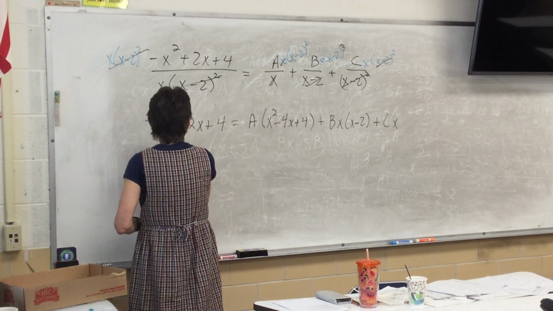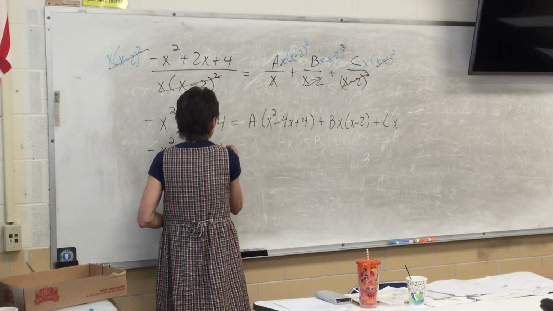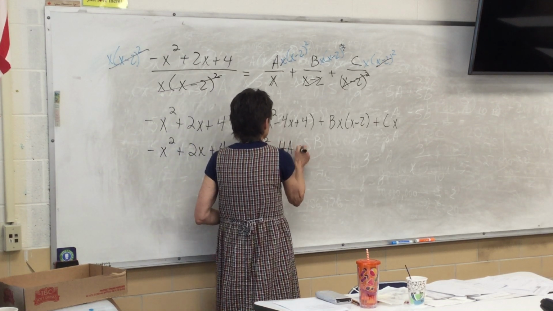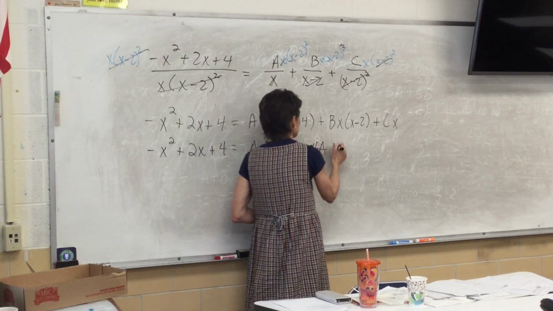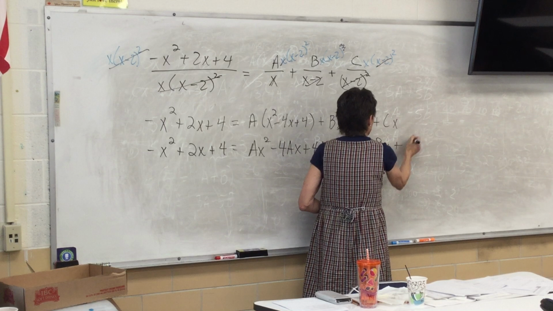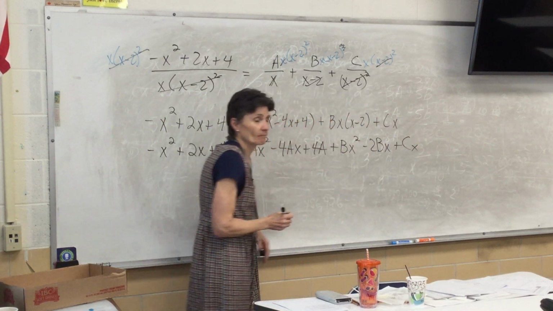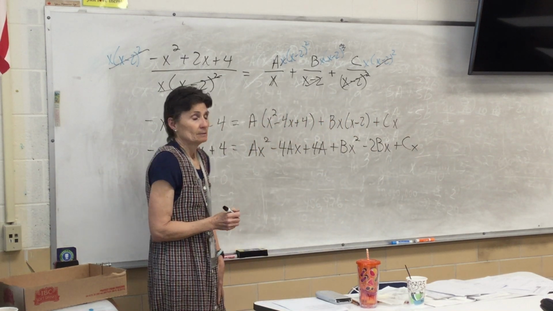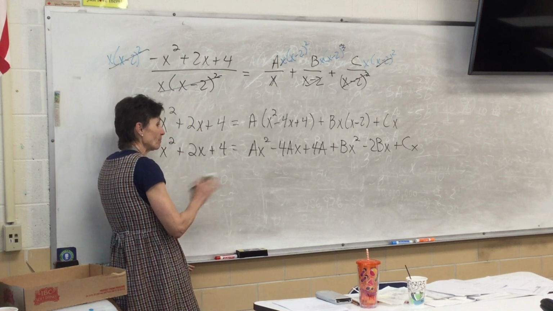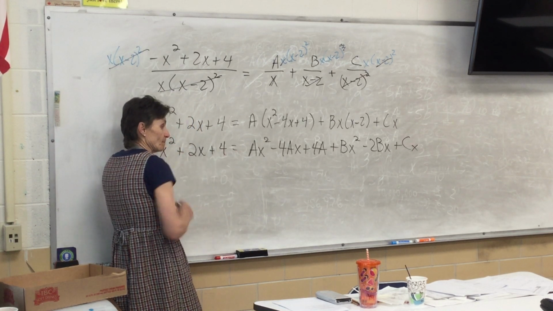So negative x squared plus 2x plus 4 equals ax squared minus 4ax plus 4a plus bx squared minus 2bx plus cx. Now, just like before, this is an equation.